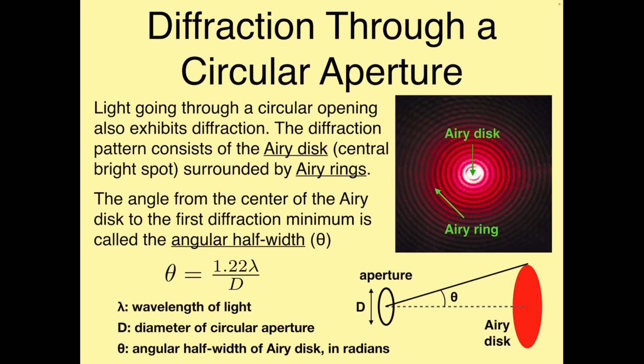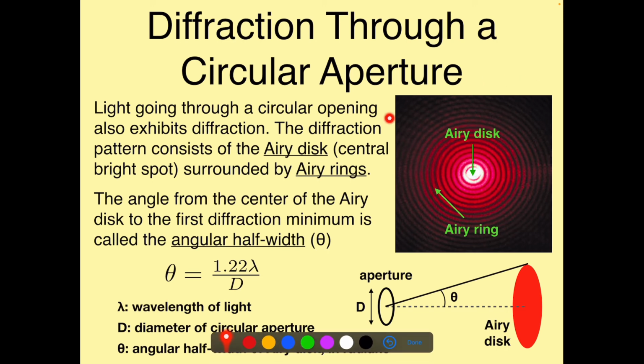So in particular, we're going to look at diffraction through a circular aperture. In other words, the opening that the light goes through, that's what we call our aperture, has a circular shape. So this can be anything from the pupil of your eye to the aperture of a camera. Typically, these are going to be circular openings. So we want to understand how light diffracts when it goes through a circular opening.